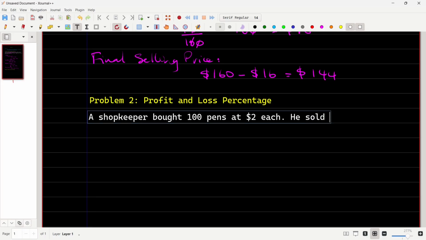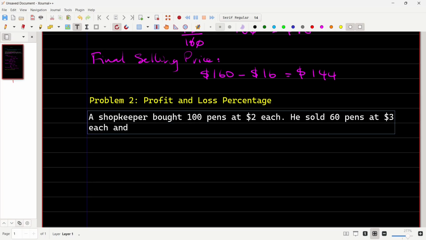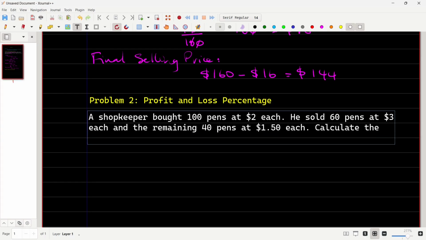He sold 60 pens at $3 each, and the remaining 40 pens at $1.50 each. We're required to calculate the overall profit and loss percentage.